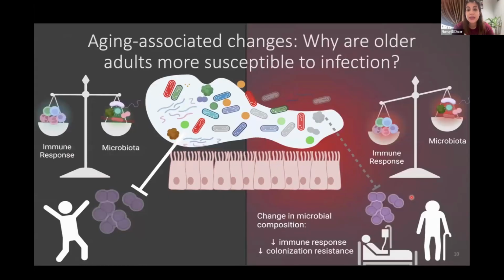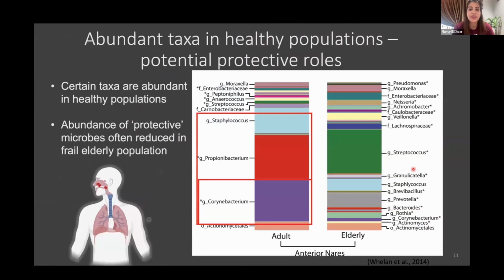In some frail individuals, both the immune and microbial structure can decline, leaving these older adults more susceptible to respiratory diseases such as pneumonia because of the decreased colonization resistance.